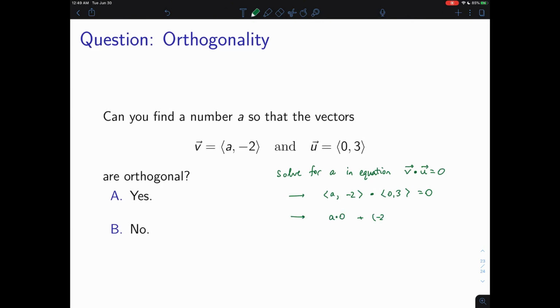So if you try to solve that, you get a times 0 plus minus 2 times 3 equals 0. So just 0 minus 6 equals 0, or minus 6 equals 0. Well, that equation is not so good. That does not work. Which is just another way of saying that there are no solutions.